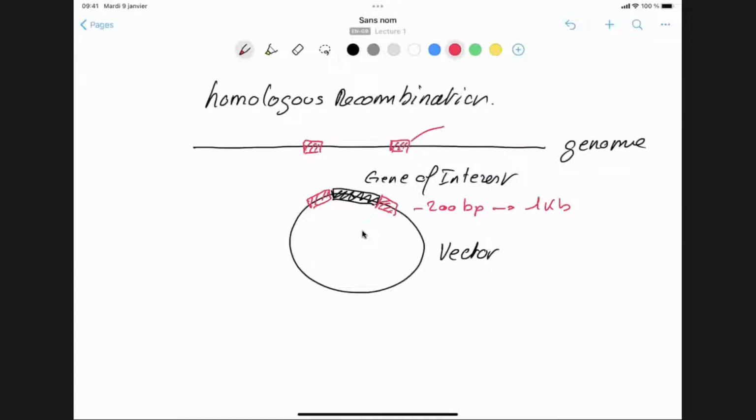You enter this plasmid by transfection into the cells, and homologous recombination is going to exchange the strands of DNA. The result is that the gene of interest, GI, has been integrated between the two target sequences. This is a modified genome.